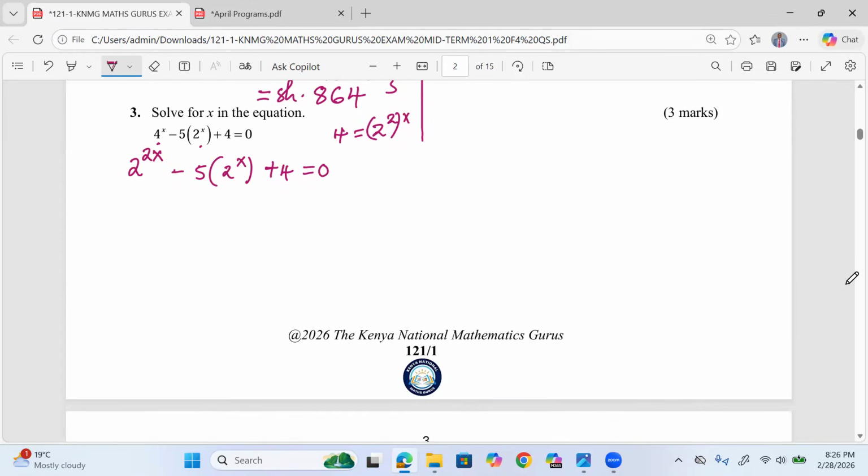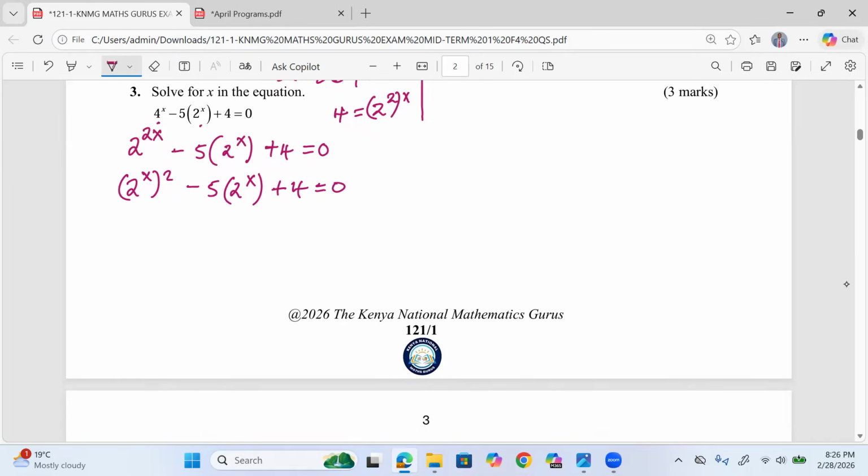At this point now, we can see that this can be written as 2 power x and now raised to power 2, minus 5, 2 power x, then plus 4 equals to 0. You can see 2 power x is appearing twice.